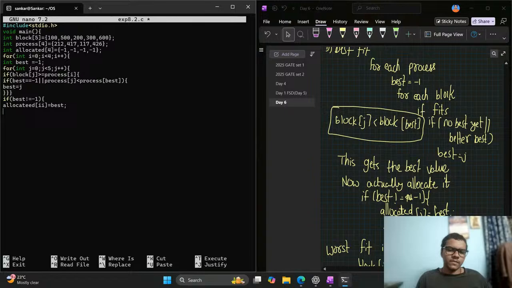You got the best, okay. And you are dealing with IDs here, just remember. You will set the block to 0 because you cannot use it anymore. That is it. Close the for.